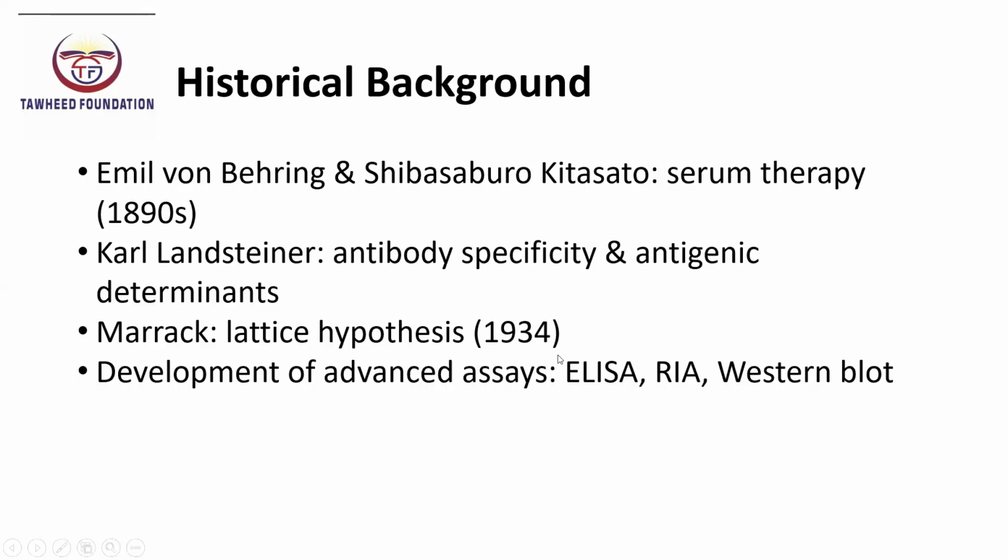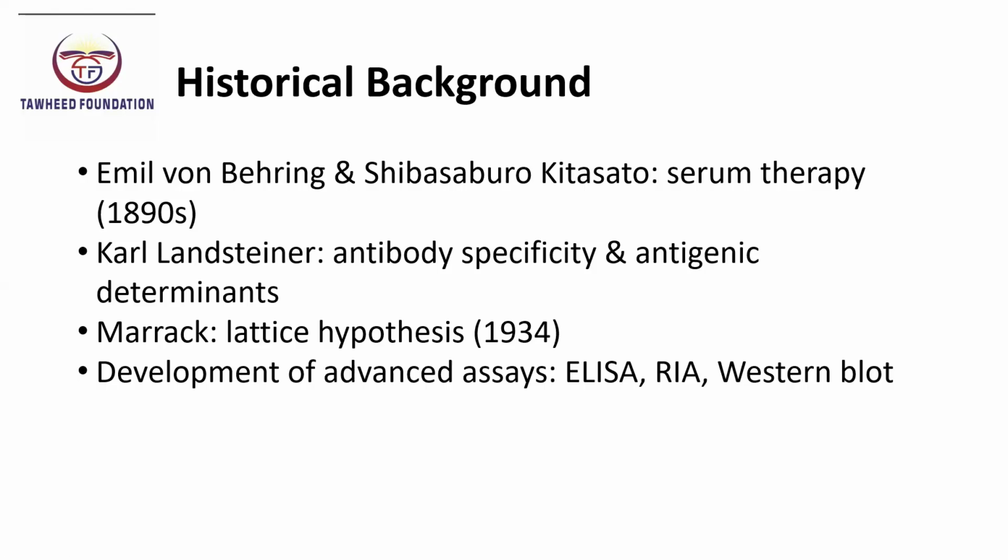So, in 1934, Marrack proposed the lattice hypothesis, explaining that precipitation and agglutination occur when multivalent antigens and antibodies form a large interconnected lattice.